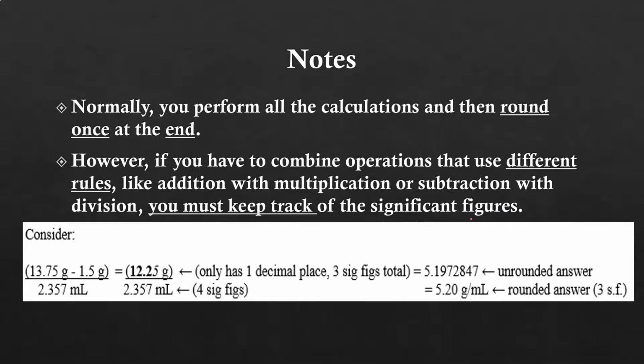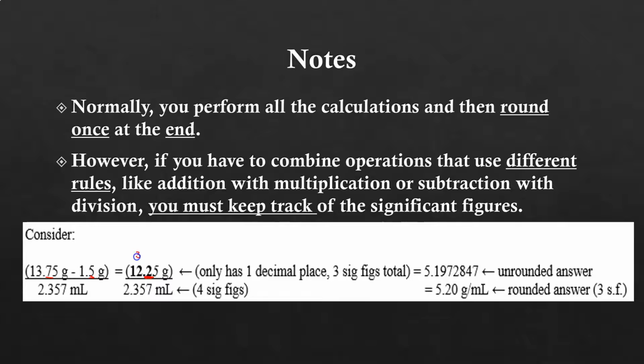Normally, you perform all the calculations and then round once at the end. However, if you have to combine operations that use different rules, like addition with multiplication or subtraction with division or any other combination, you have to keep track of the number of significant figures. Sometimes by doing that you can write an underline underneath the one that you can keep. So when we do this subtraction, we know that the tenths place is the one we can keep.